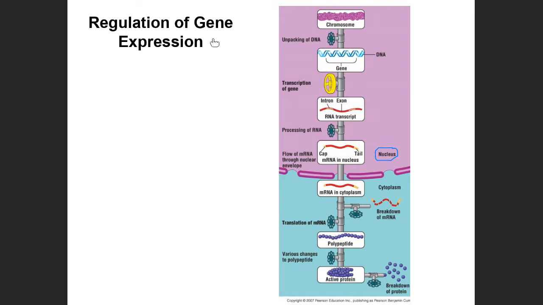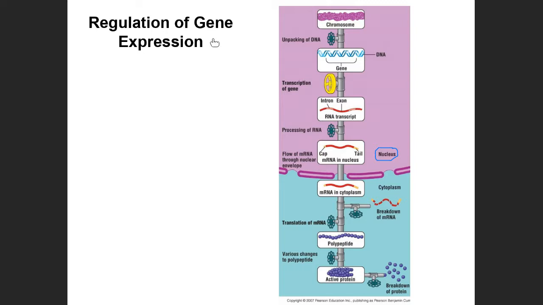Thus, gene expression, sometimes it's on, but it's on at a very low level, therefore very little polypeptide is being produced. But then a cell receives a chemical message in the form of a ligand telling that cell, hey, look, that gene that you are expressing at a very low level, I need you to enhance it, increase that level of expression so we get even more polypeptide being produced quicker.